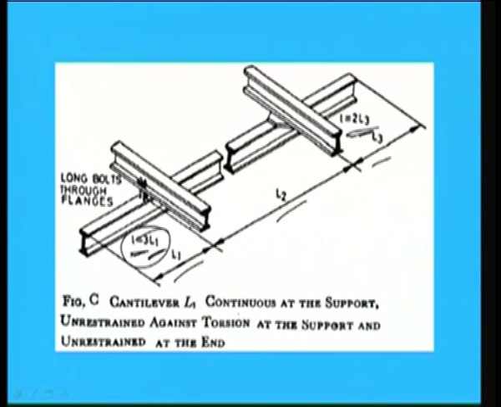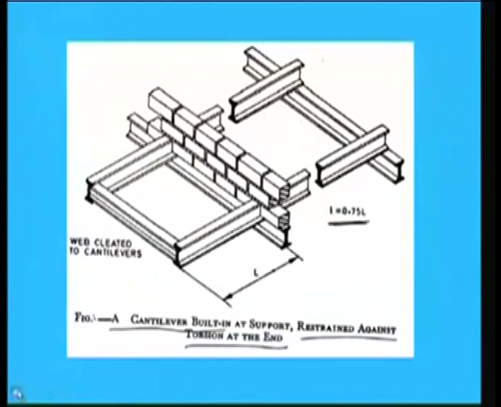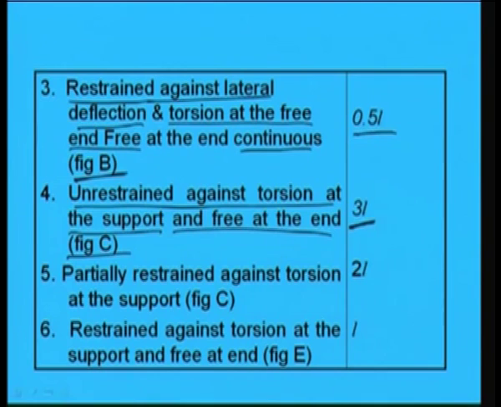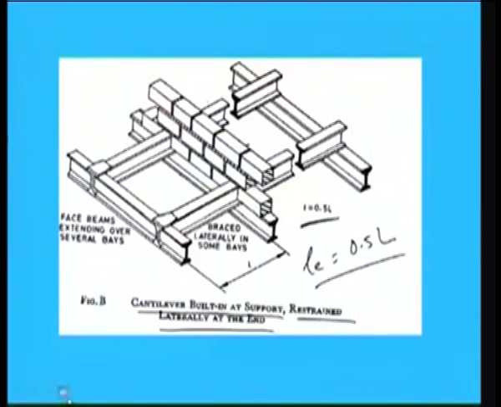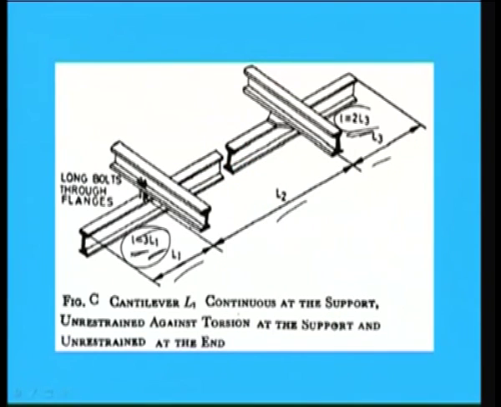So, 3 times it will be, right. Unrestrained against torsion at the support and free at the end, in this case, this will be 3L, and partially restrained against torsion at the support, in that case it will be 2L, which has been given here. See, in this case it will be 2L and in this case it will be 3L, right.